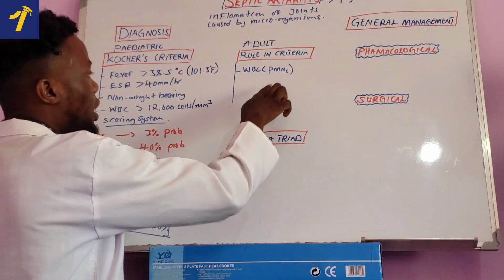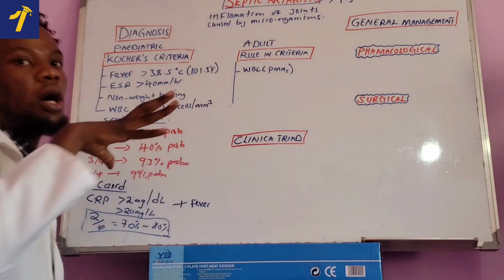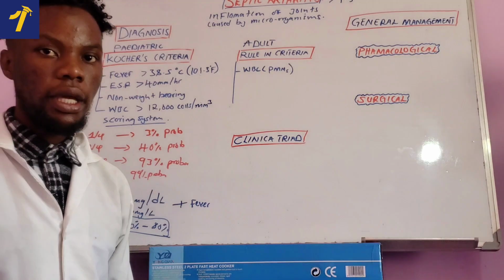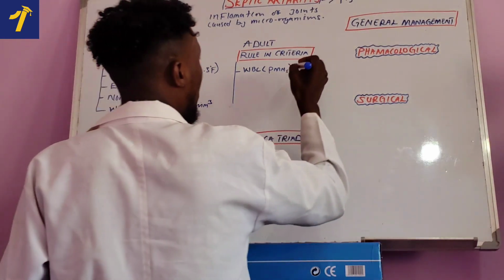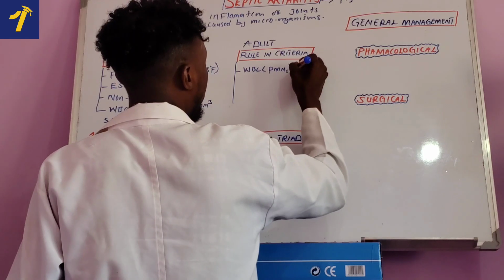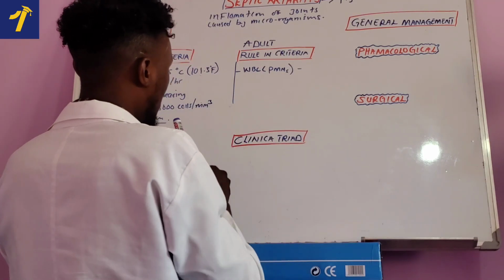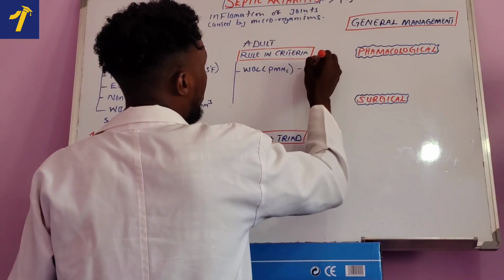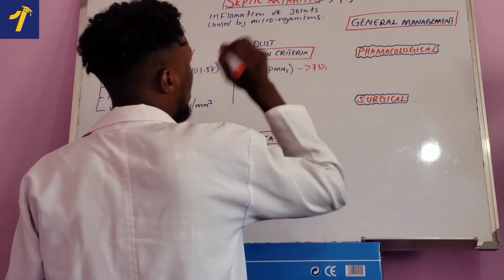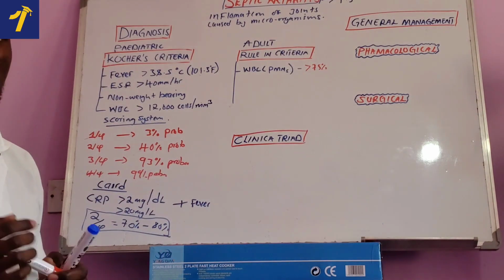Here we count the number of neutrophils, so that we see how many neutrophils are there in the synovial fluid. If the number of neutrophils is greater than 75%, so let us use red here, okay, now we're going to consider septic arthritis there.